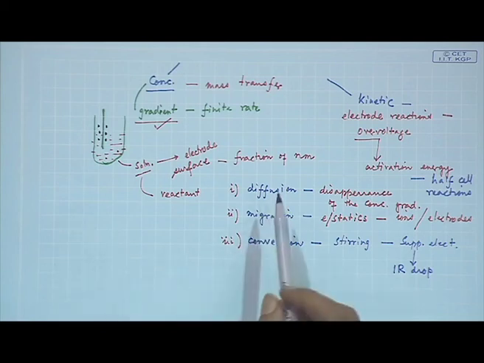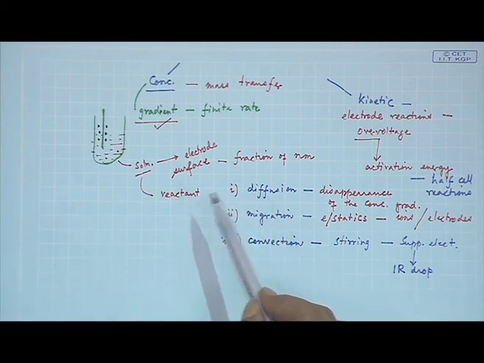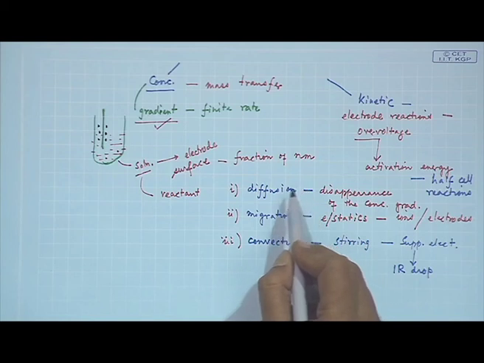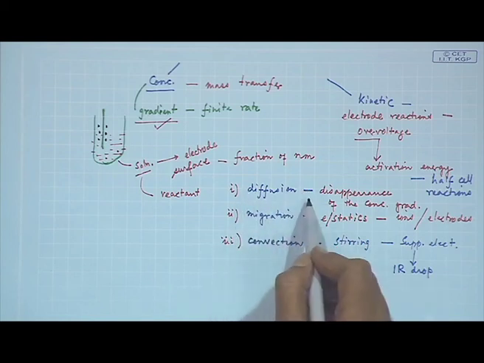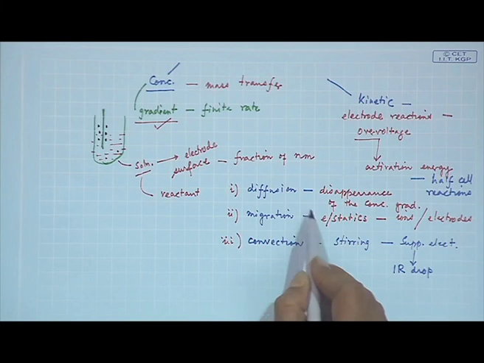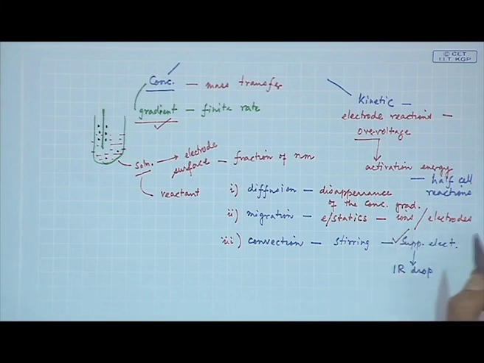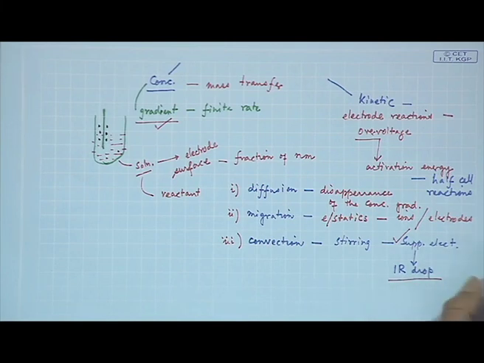So, these are things which go against the measurement or the passage of the current, and we should keep in mind that there should be some corresponding current, which we will call diffusion control current, then migration, and then convection. When we see the actual practice of all these things, we will discuss once again how, why and what sort of supporting electrolyte we can use, such that we can decrease the IR drop within the cell. Thank you very much.